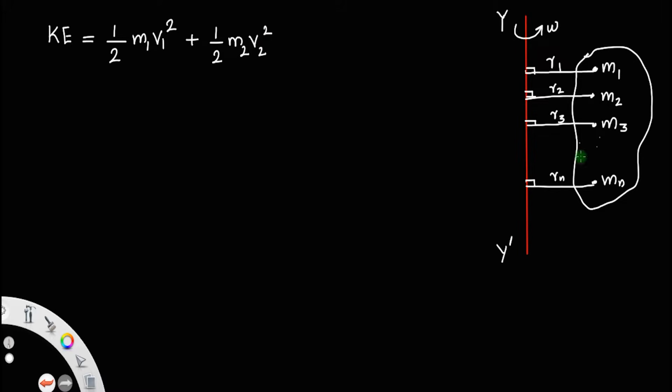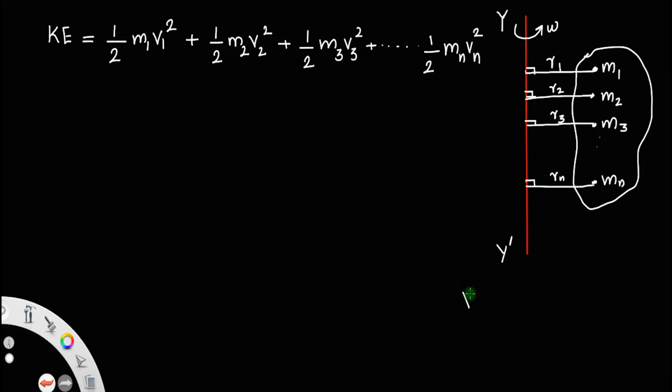We are going to find the total kinetic energy of the rigid mass, so we have to add all the kinetic energies of these masses. Similarly, for the third mass it is half m3 v3 square plus etc. For the last mass, the kinetic energy is equal to half mn vn square.